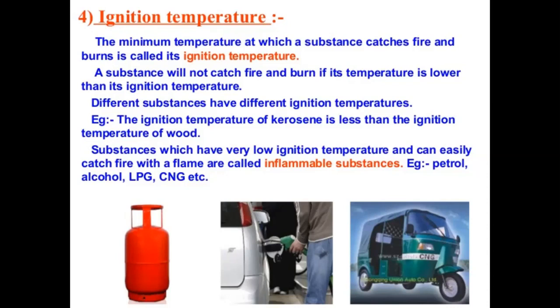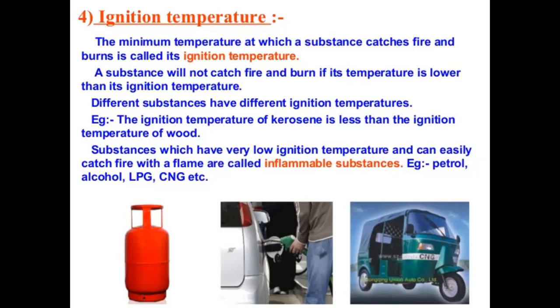And children, you know that different substances have different ignition temperatures. As you know, if we want to burn a log of wood, a matchstick is not enough. And on the other hand, if we want to switch on LPG gas, one spark is enough.